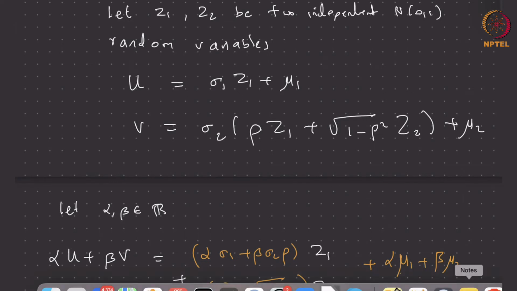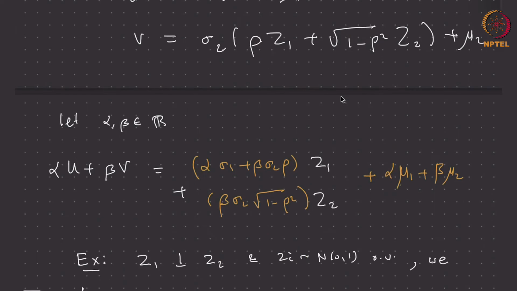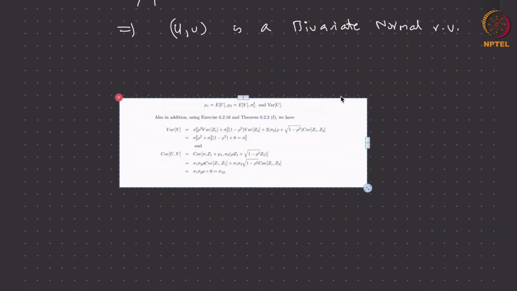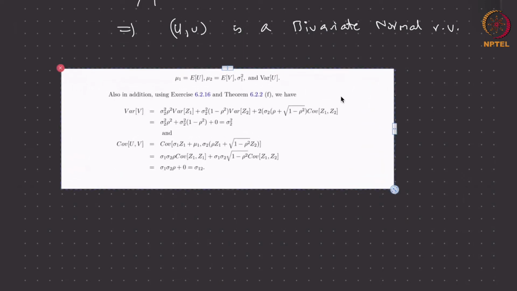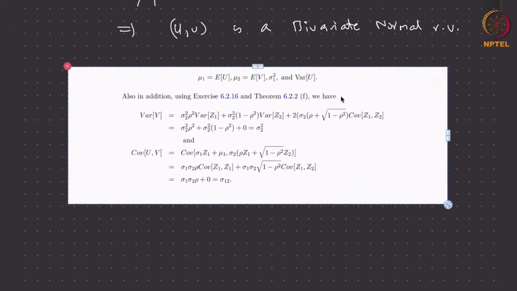So let me just try and see if I can cut and paste that for you and show you the answer. So let me go here. You observe that u looks like this and v looks like this. So from these two things, you can just do a simple computation and show that the mean of u will be the same as mu1. The mean of v will be the same as mu2, and the variance of u and variance of v is, so this is a little bit of a mistake here.